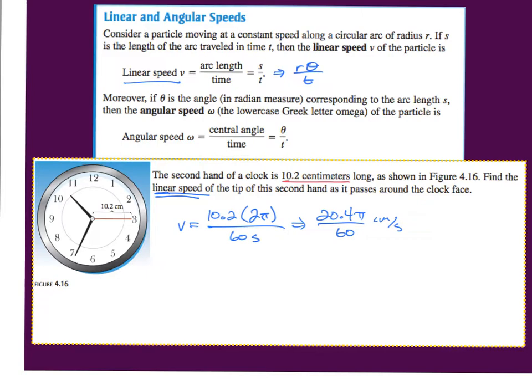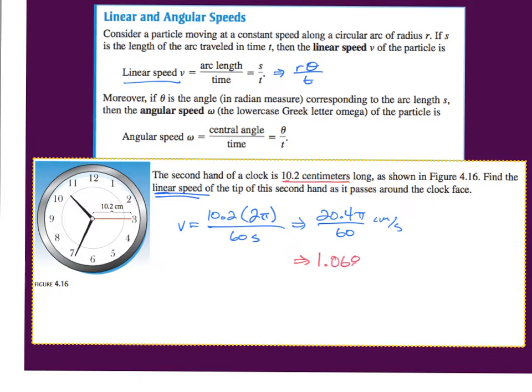Now, what do we round to in this class? 4 decimals. Go. What do we got? I got 1.2566. 1.0681.